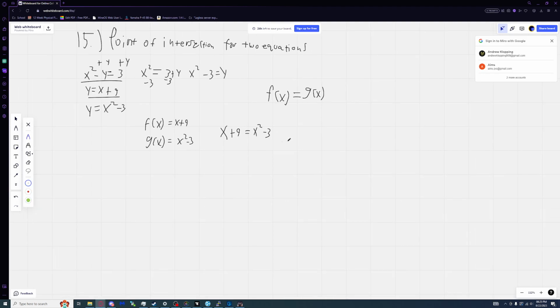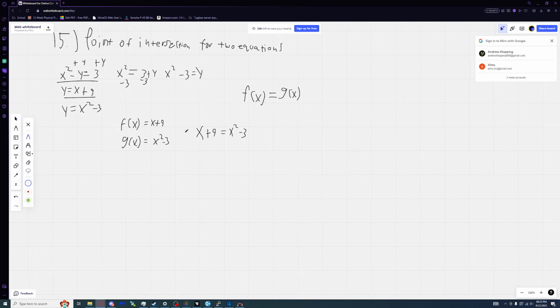What we need to do here is set all of this equal to 0, and to do that, we just need to move everything to one side. So we're first going to subtract x from both sides so that we get 9 is equal to x squared minus x minus 3.